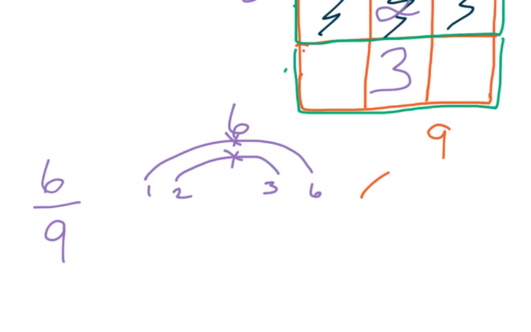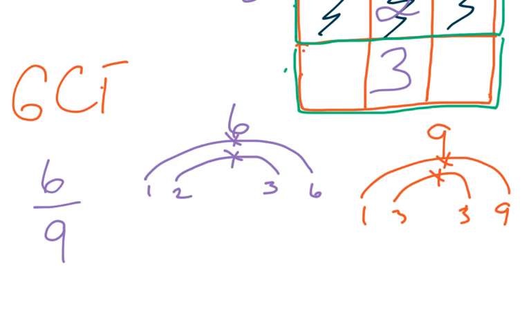For 9, I have 1 times 9, and then I also have 3 times 3. So when I'm looking for the greatest common factor, the GCF, I am looking for the largest factor that 6 and 9 both have in common. And when I look at that, I see that they both have the number 3 in common.